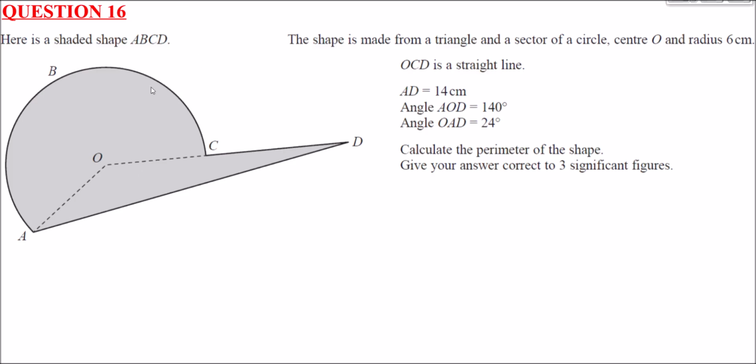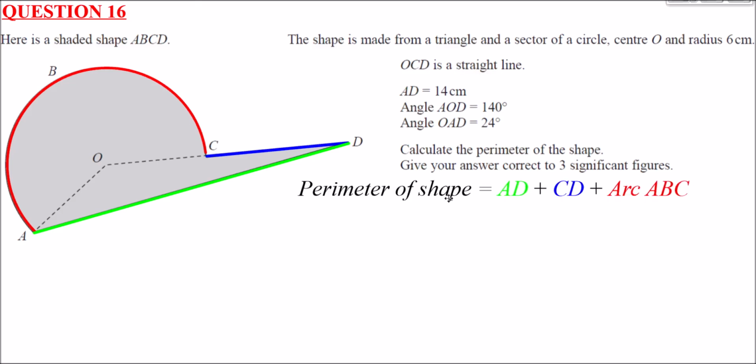So first of all, let's think about how this shape ABCD is constructed and what its perimeter would look like. Its perimeter is made up of 3 different lines, 2 straight, the green and the blue, and 1 curved, which is a section of the circumference of a circle. So how can we get an expression for the perimeter of ABCD?